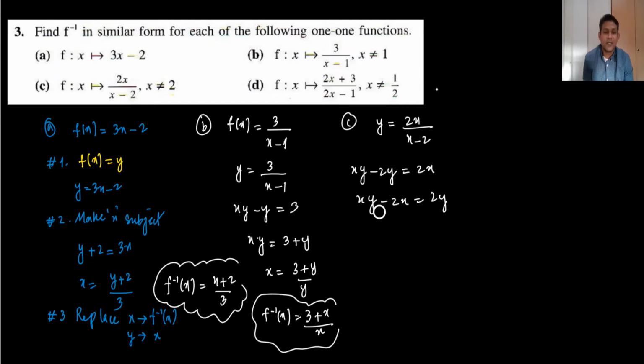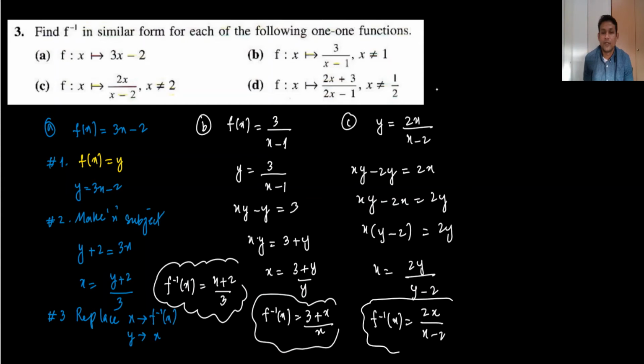Now when this x is on the left hand side, we can take x common. X times y minus 2 is equal to 2y, and x is equal to 2y upon y minus 2. And now step number 3 is to replace. This will become f inverse, and all values of y will become x, and we have done.